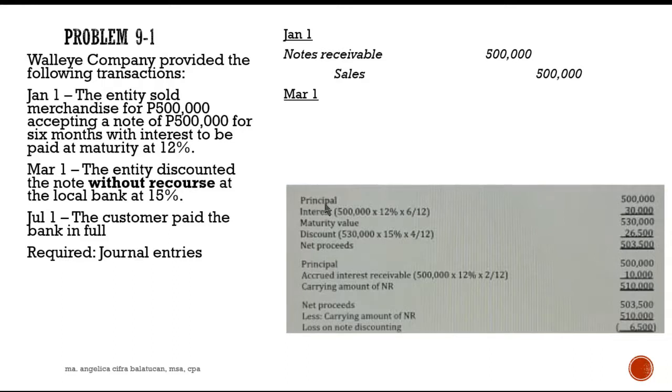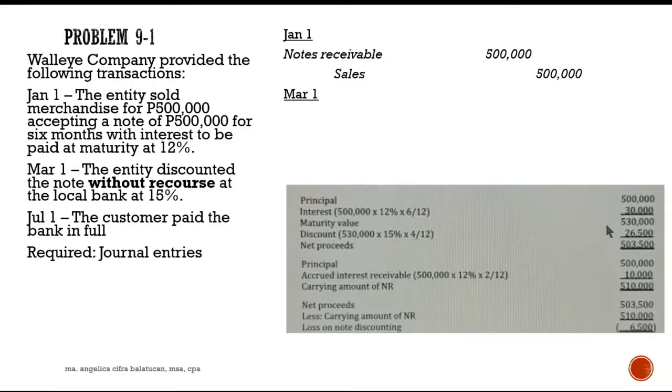So first we will start with the principal. We have 500,000. And then the interest is 500,000 times 12% because we need to get the interest for the full term, times 6 over 12. Okay, 6 over 12 because it is 6 months. So the total interest for the entire duration is 30,000.